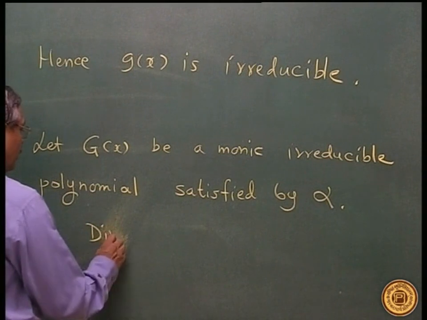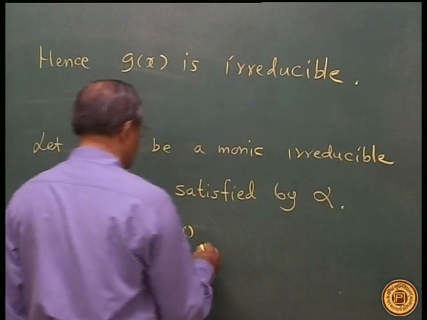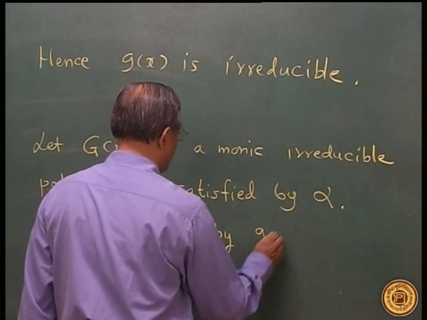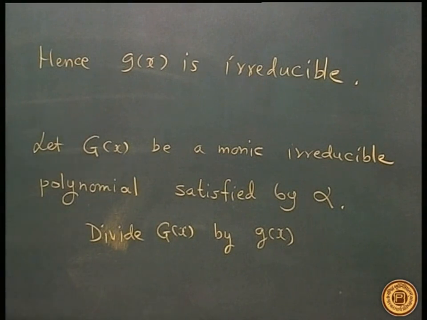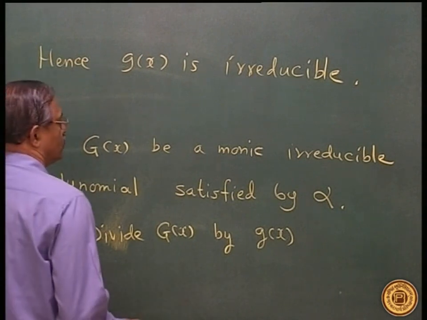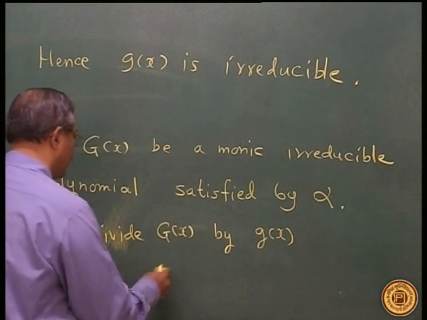Now divide G(x) by small g(x). Now you get some quotient and get some remainder.